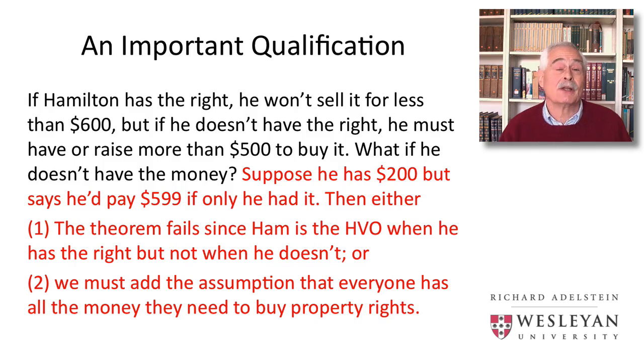That is to say, we'll assume this situation away by assuming that, in this case, Hamilton will always have at least $600 in cash that will enable him to make this purchase. As a result, if he has that $600 in cash, then he is the higher valuing owner, no matter how the case is initially decided, and he will wind up with the right.